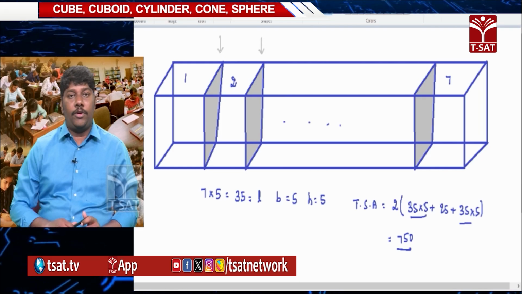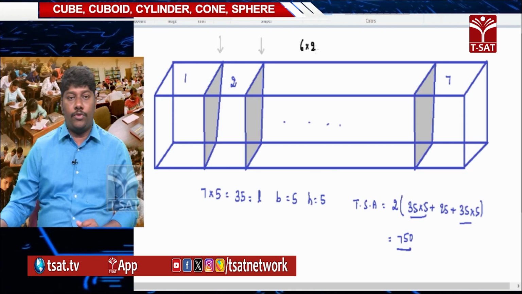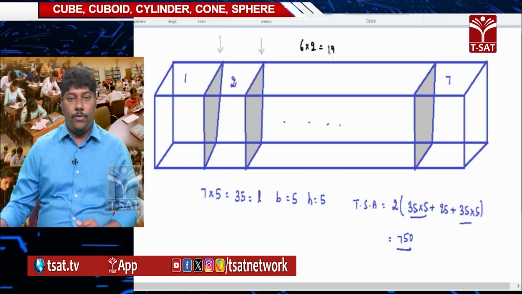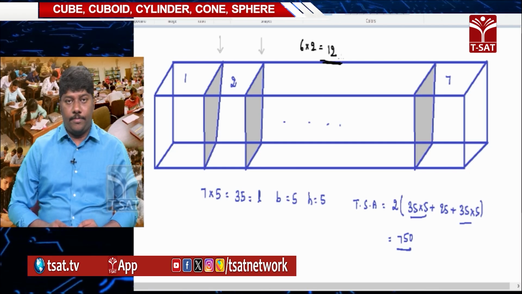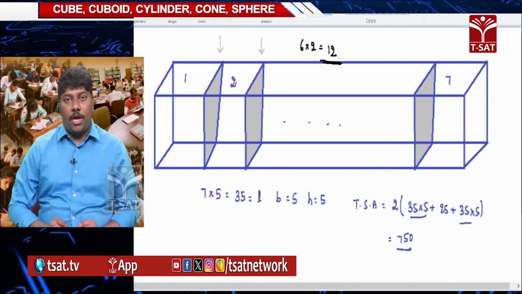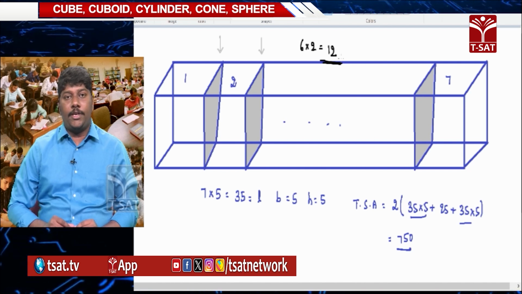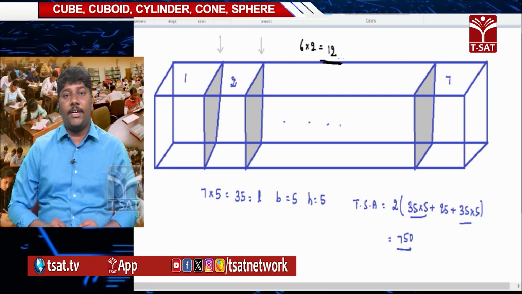Therefore, 6 into 2, you are losing 12 squares. There are totally 7 cubes, 7 into 6, 42 squares. Out of 42 squares, 12 squares were missing. 42 minus 12 gives you 30 squares.